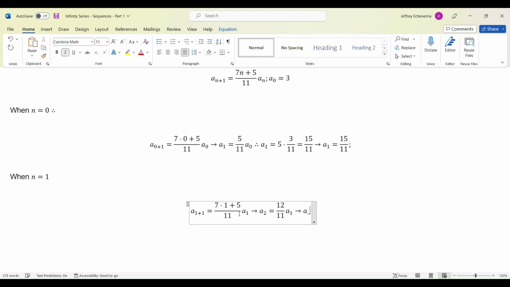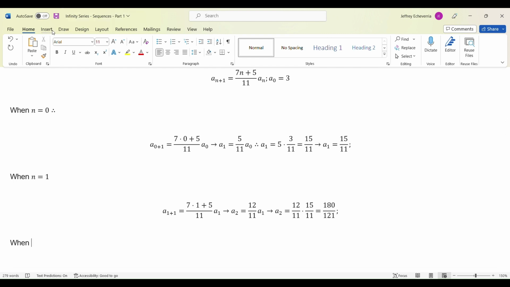But remember, a sub 1, we solved it as 15 over 11, thus 12 over 11 times 15 over 11, which gives us, well, let's get a calculator quickly. 12 times 15 gives me 180, so it'll be 180 over 121. Now we'll do when n equals 2.